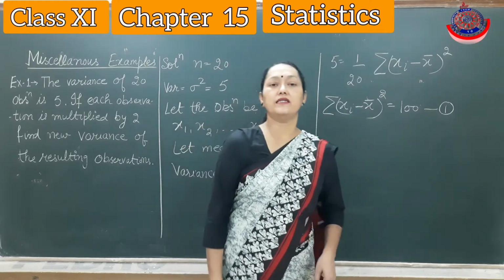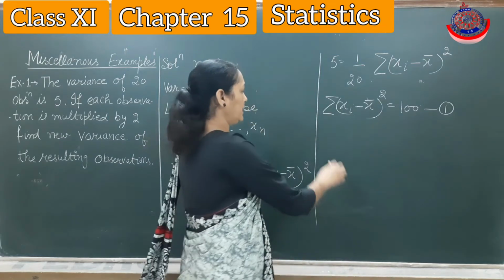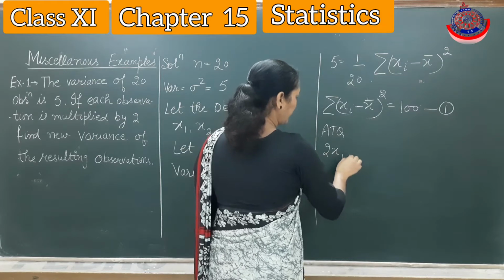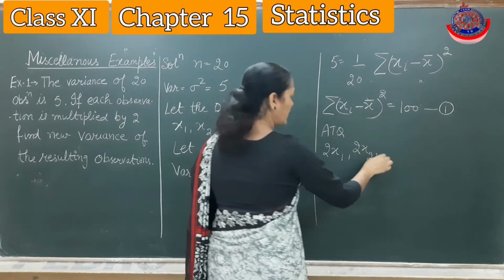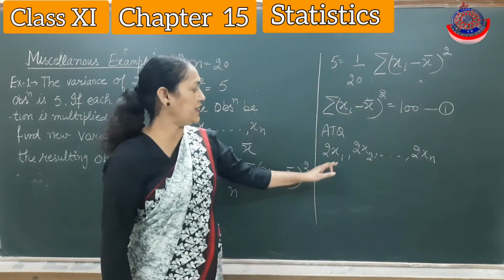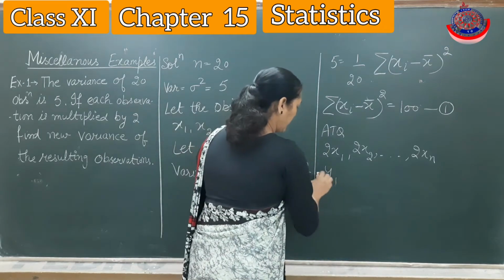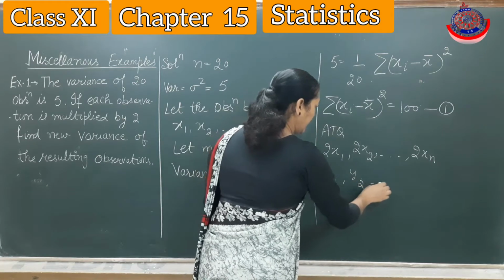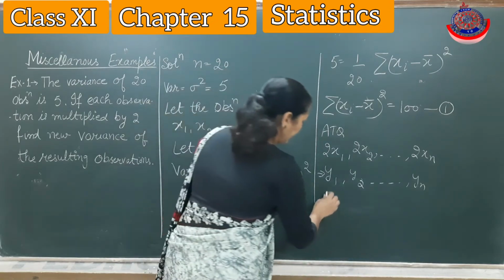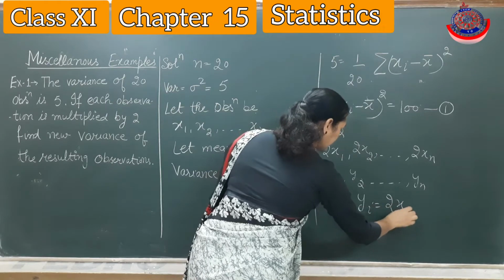After this they are saying that each observation is multiplied by 2. Means what? According to the question, the observations will be double of x1, double of x2 and so on, because each observation is multiplied by 2. Now if we rename these observations as y1, y2 and so on, we are saying let yi be equal to double of xi.